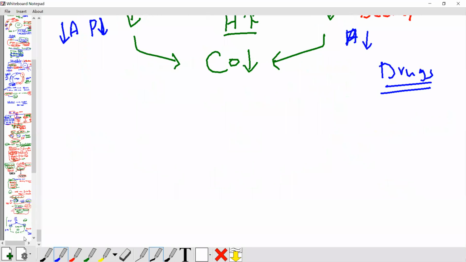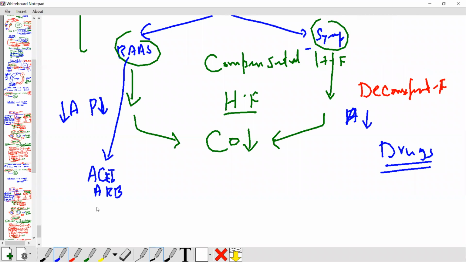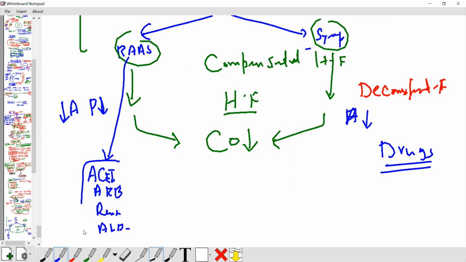First we try to block the RAS: angiotensin converting enzyme inhibitors, angiotensin receptor blockers, renin inhibitors, aldosterone antagonists. These drugs are the pril family, the sartan family, aliskiren and spironolactone. These drugs reduce the preload and afterload together.